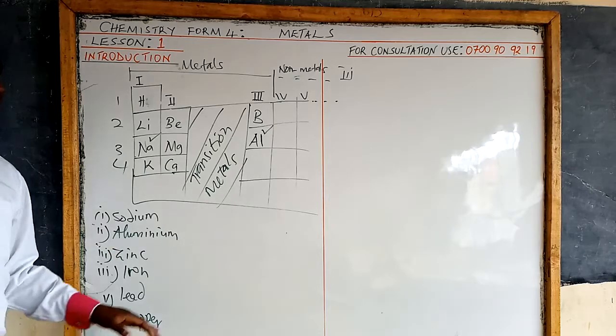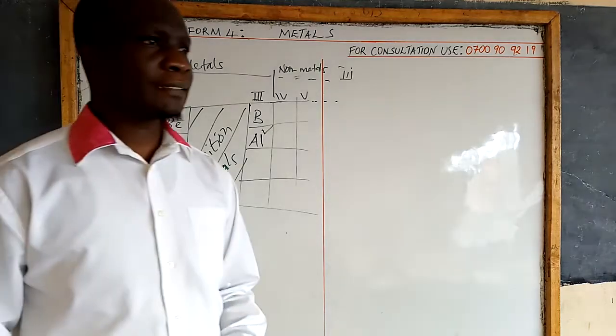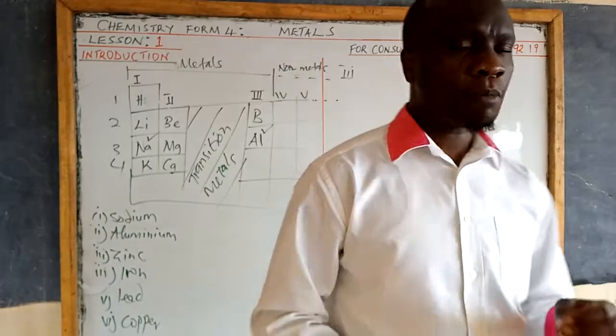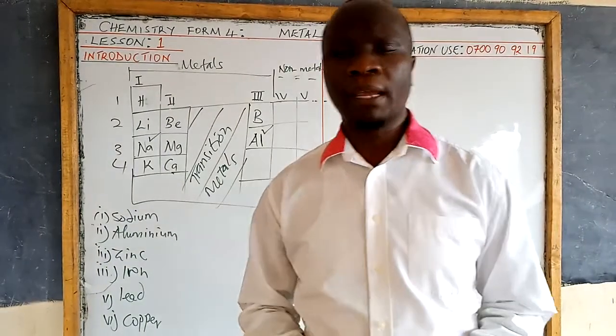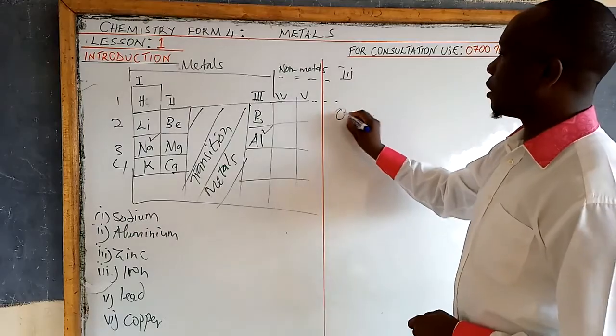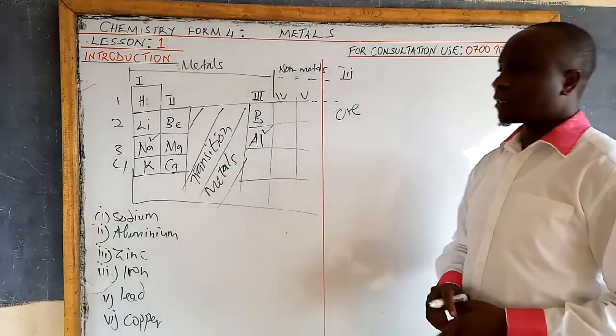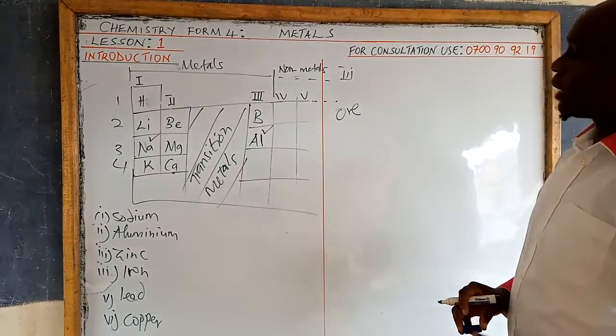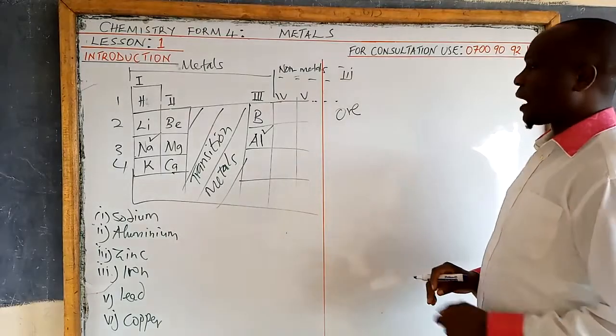Now, the compound from which metals can be extracted is called an ore. A compound from which a metal can be extracted is called an ore.